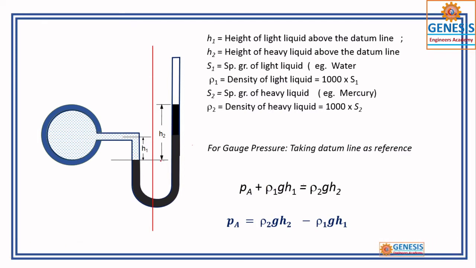As I said earlier, below the datum line you can omit. So from this you can calculate this. The pressure inside, that is the gauge pressure inside the pipe, is this. But this pressure is in terms of mercury. Got my point?